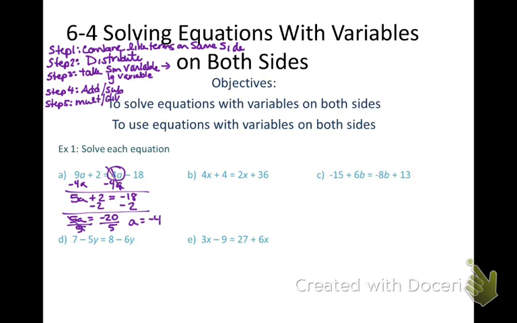B, I have 4x plus 4 and 2x plus 3. I have no like terms on the same side, and I don't have to distribute, but I do have to take the smaller variable and bring it to the larger variable. Well, 2x is smaller than 4x, so I'm going to subtract 2x from both sides.